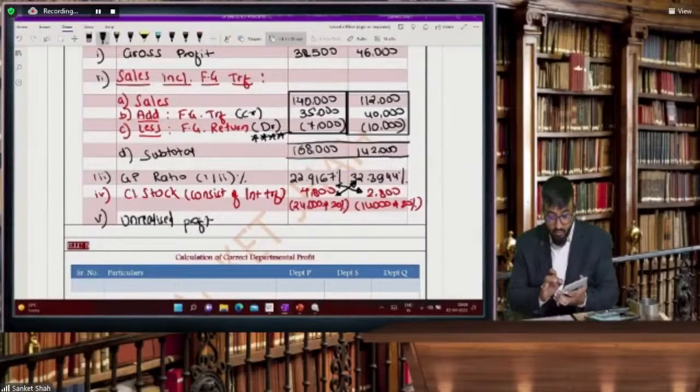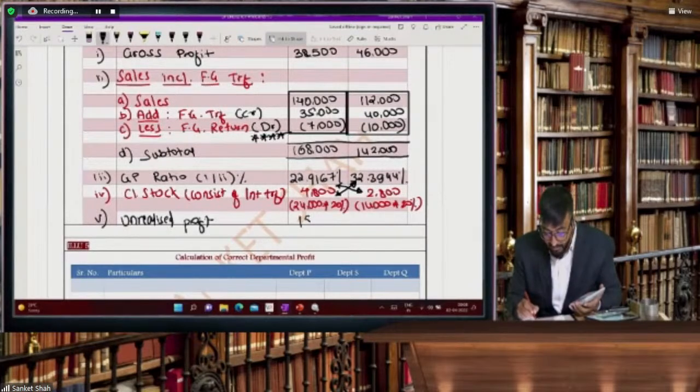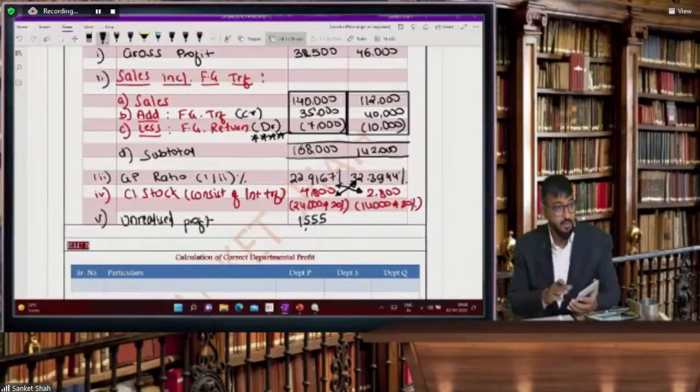Beta see, this question is not very easy. 1555. Yes, the percentage you write for 4 digits, but this amount you have to round off.